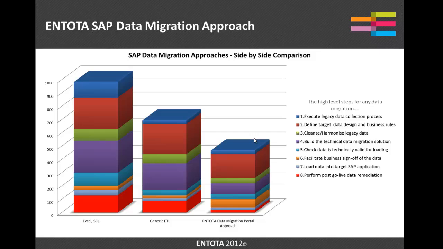We're going to see major savings around the build of the technical data migration solution because we auto-generate the code. So we're not just asking you to use a tool and then to create objects and create those jobs and start from scratch. Or we're not even asking you to take some of the other solutions that are out there that already contain some of those objects but need the manual modification of those jobs to make them execute correctly for your environment.